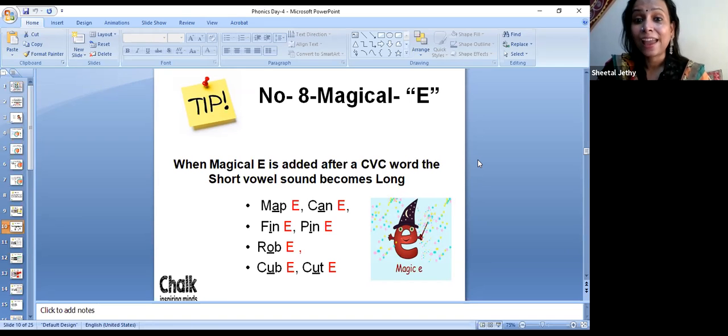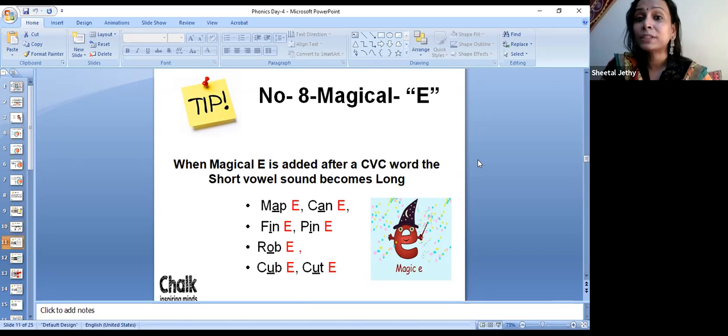So E makes it a complete big vowel or a long vowel. So we call this magical E. When we introduce it to the children, you can tell them stories about magical E. Magical E becomes silent. It is not heard at all, but it makes the short vowel long, right?